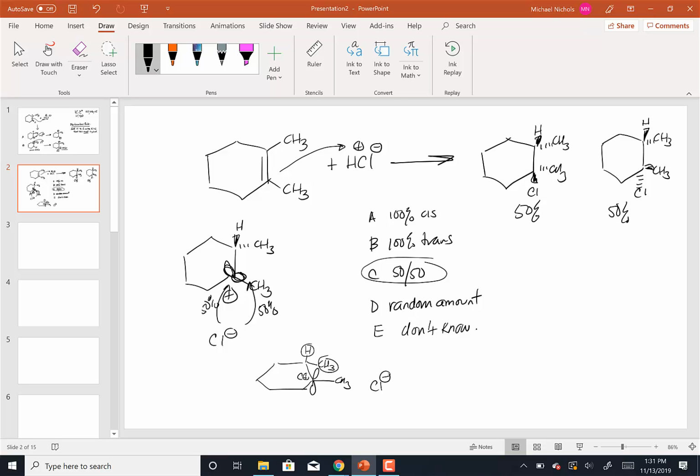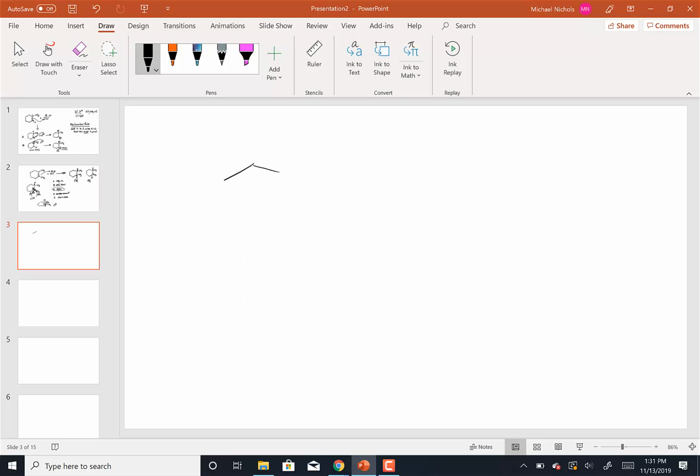Let's do one where we make an alcohol. So I give you this reaction and I say, write the major product of this reaction without rearrangement.